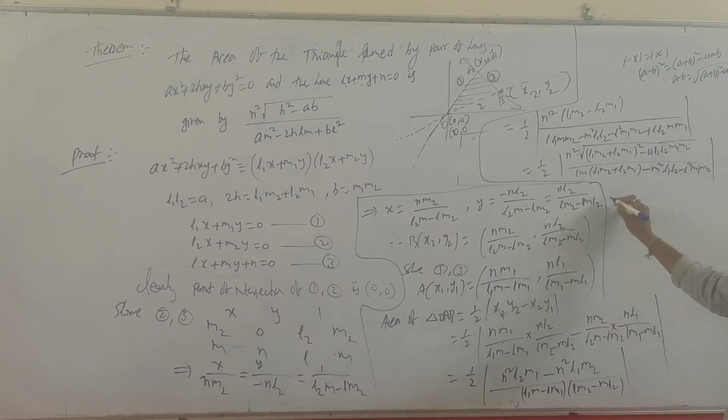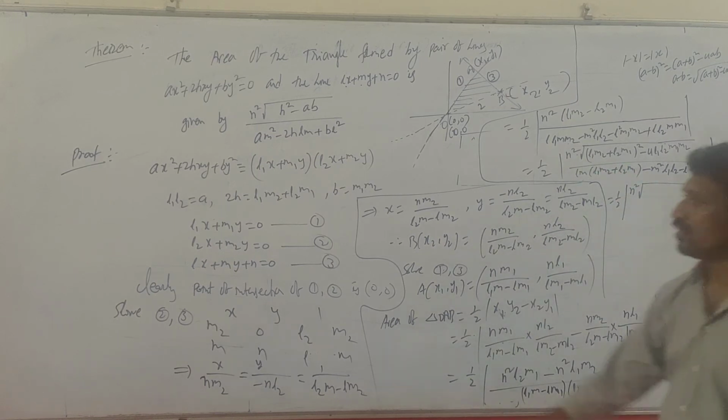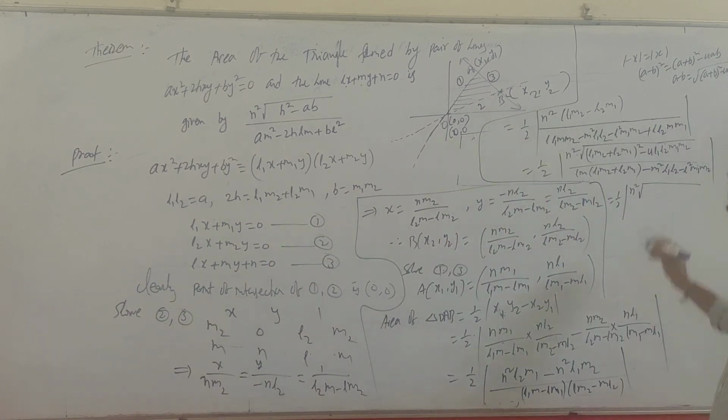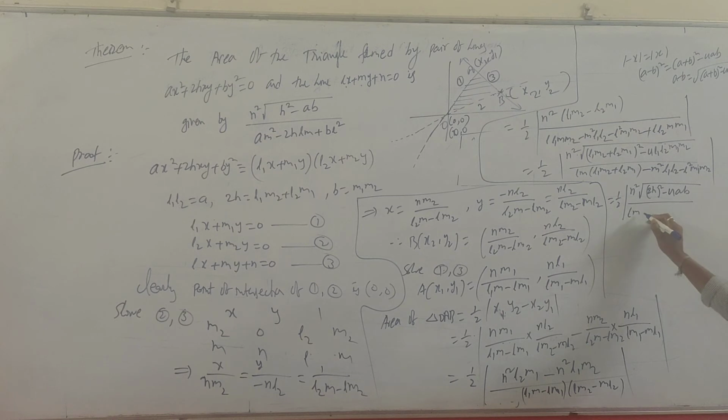Okay. Now we substitute the values, into n square into root over L1 m2 plus L2 m1, that is nothing but 2h. 2h whole square minus 4 into L1 L2 means A, m1 m2 means B, minus 4AB, by this is the Lm. What is Lm here? We don't know. Just write it as Lm into L1 m2 plus L2 m1 whole square.